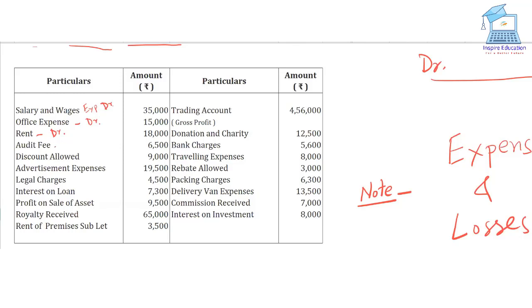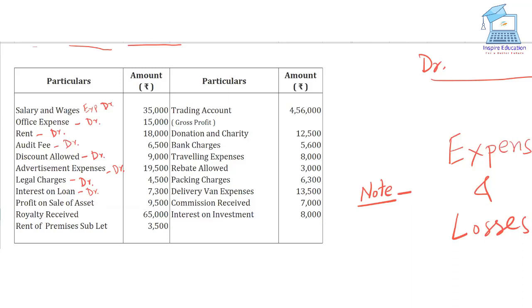Okay, audit fee, expenses, debit. Discount allowed, expenses, debit. Advertisement, expenses, debit. Legal charges, debit. Interest on loan means I have taken the loan and am paying the interest. So it is also not clear whether it is interest on loan received or paid. So we can write a note if required.